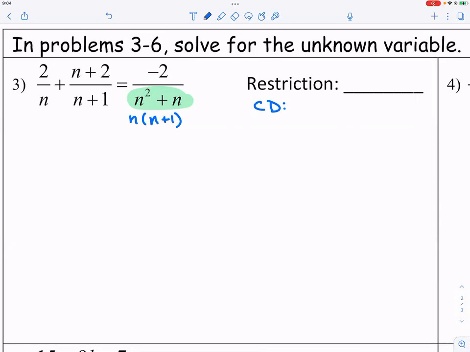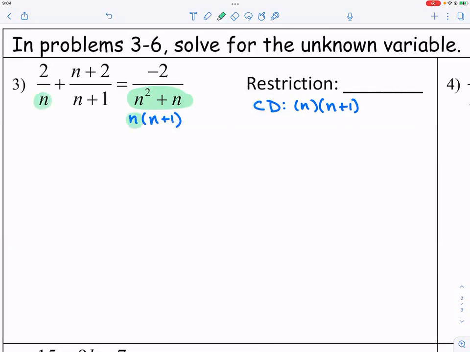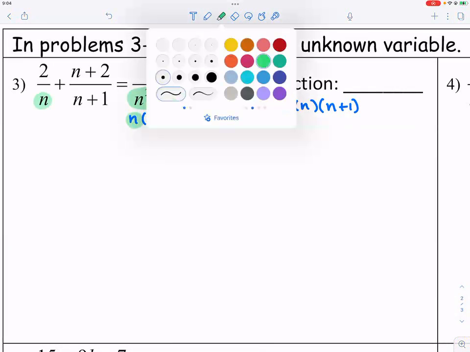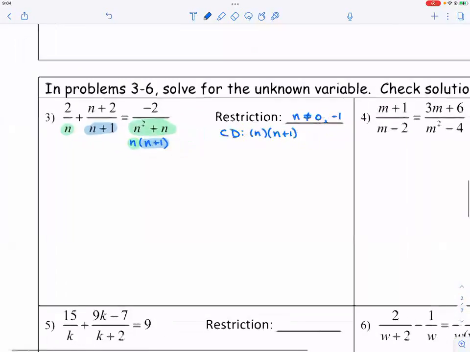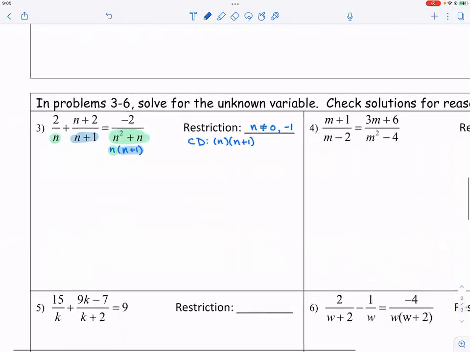So our common denominator would be n times n plus 1, because you have the n right here, and you also have the n plus 1 right here. In this case, the restriction would be n cannot be 0 or -1. That's for number 3.